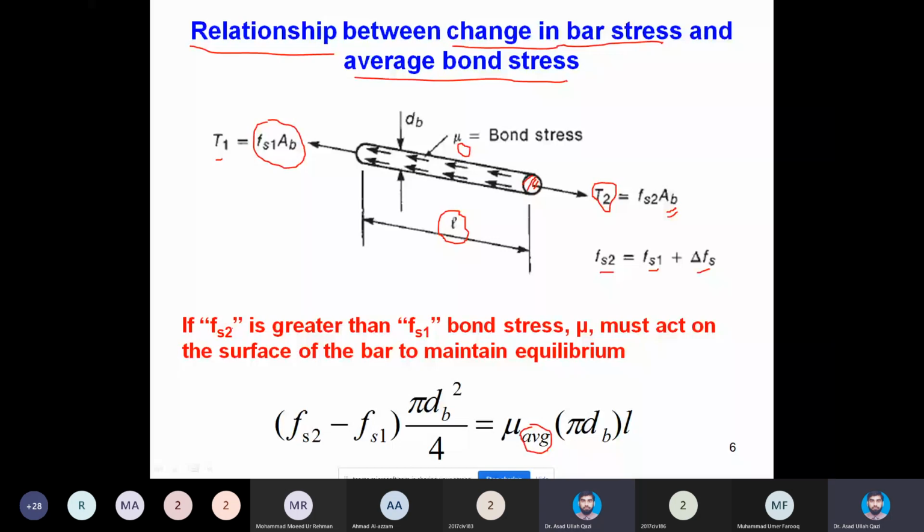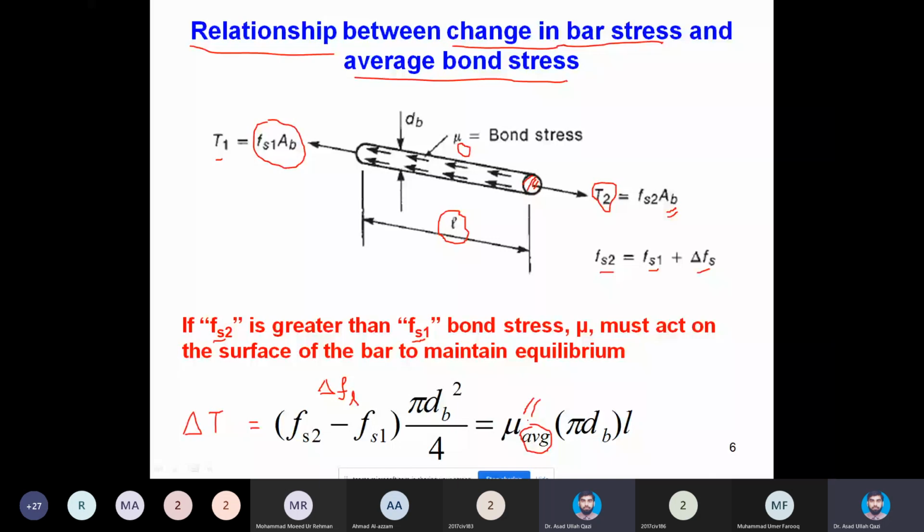And now if I write the equilibrium equation, as I have shown you on the previous slide, Fs2 is greater than Fs1 because M2 was greater than M1. So delta Fs into area of bar, which is pi dB square over 4, which is actually stress multiplied by area, is delta T. So as a matter of fact, it is T2 minus T1, which is delta T. And what is responsible to resist it is the average bond stress at the contact area between steel and concrete.